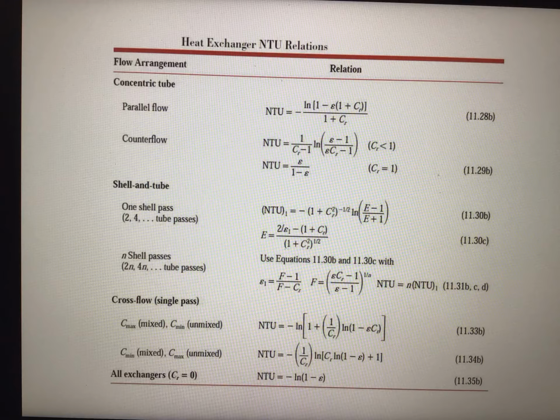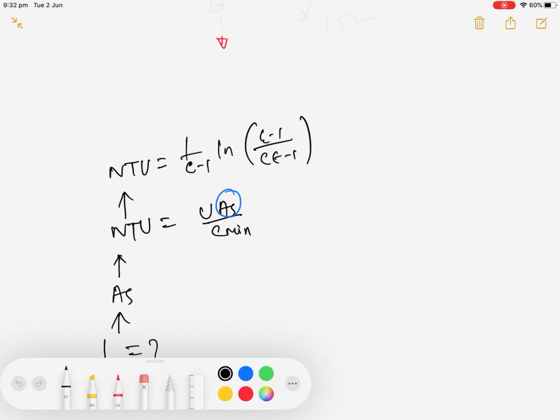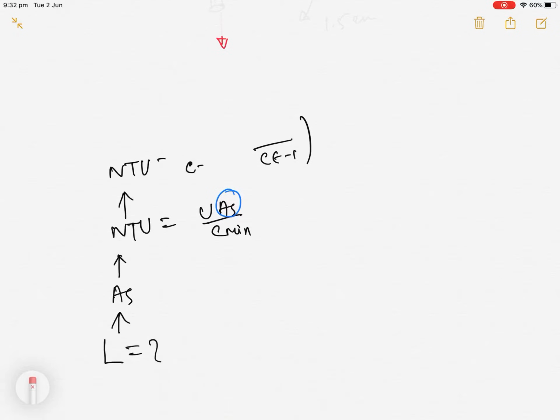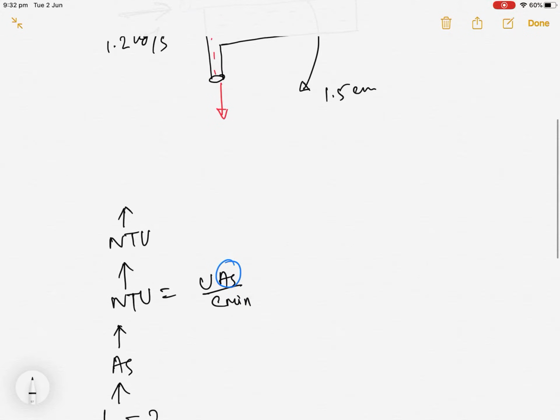You see, these are the relations for NTU. You see the first one is for concentric tube that we are solving. For parallel and counterflow, we are solving counterflow. So look, for counterflow, we got two expressions, one for Cr less than 1 and one for Cr equal to 1. Okay, I will discuss that later on.